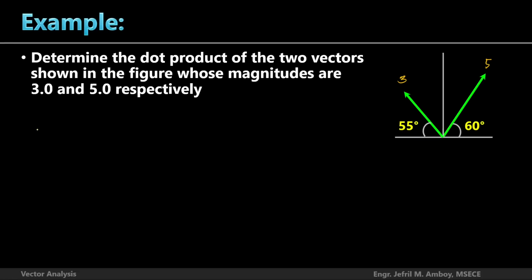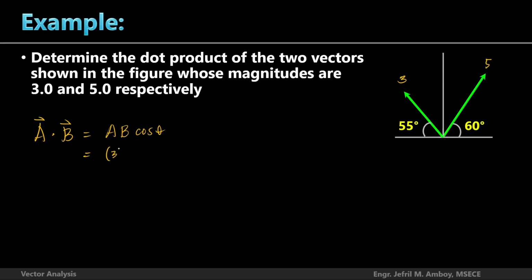Remember that if you want to get the dot product, A dot B, let's put an arrow here to indicate that they are vectors. The dot product of A and B is equal to A, B, times the cosine of the angle between them. We are already given the values of A and B because the absolute values of the vectors are given, 3 and 5.